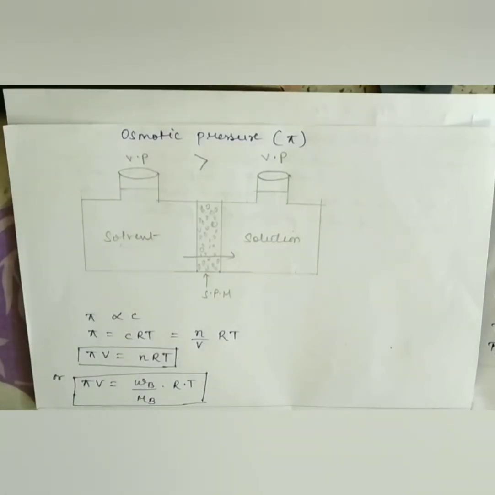So osmotic pressure, or the osmosis itself, happens due to the lowering in vapor pressure caused by the presence of non-volatile solute in the solution. Osmotic pressure is a colligative property, and therefore it is directly proportional to the concentration of the solution at a particular temperature.